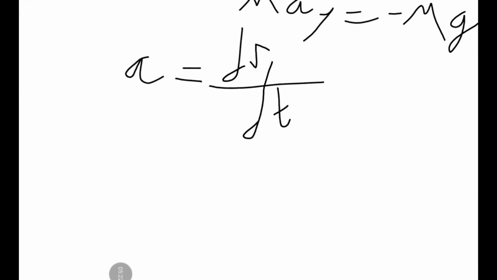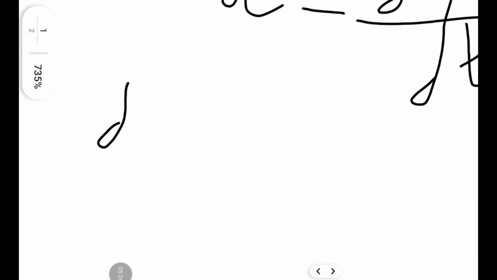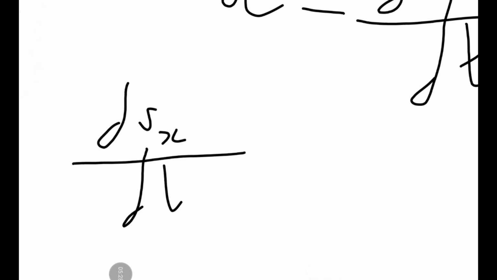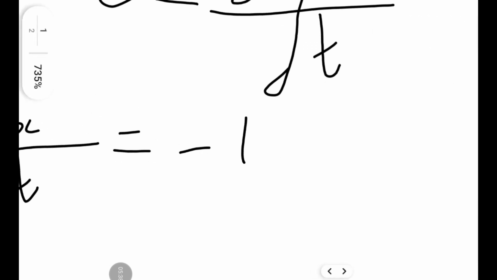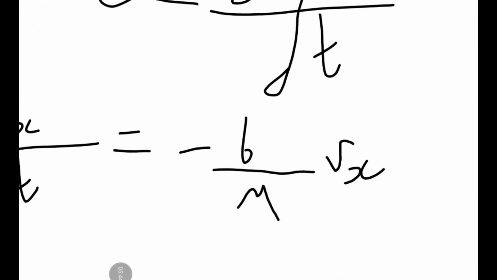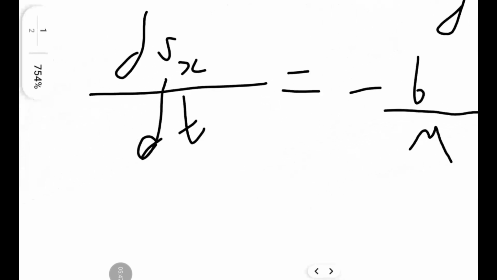With that, we can get it into a format where we can do dvx by dt, and we can put the mass on the other side, because we can just divide by the mass for the acceleration to get it into the format equals minus b over the mass, and then you're going to have, again, the velocity in the x direction. We can get it into that format.